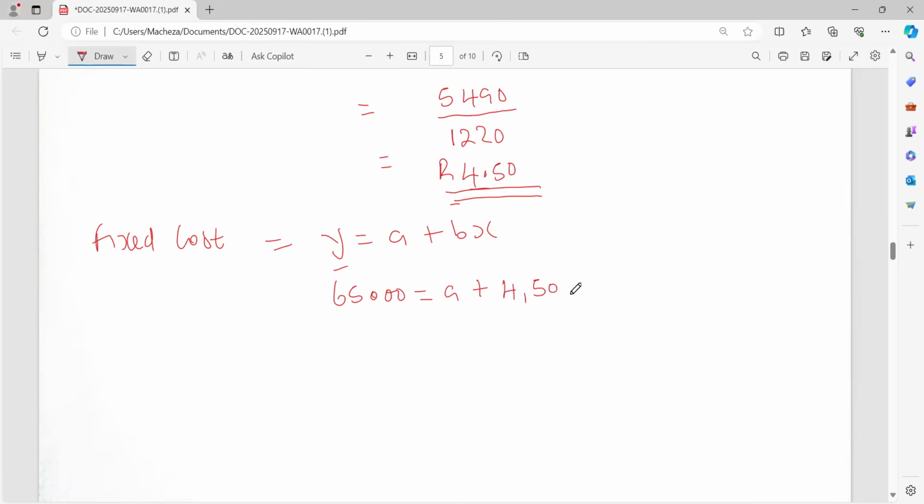Our X is the 12,500 kiloliters here, because we're using this line. So 65,000 is equal to A plus 450 times 12,500, which is $56,250.